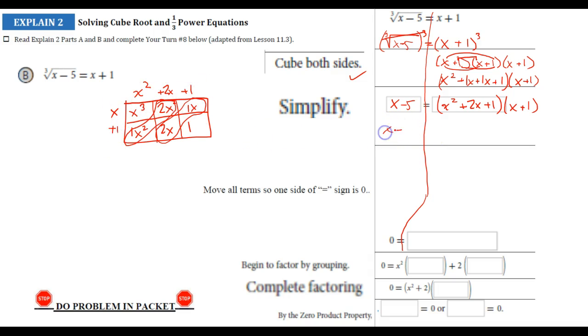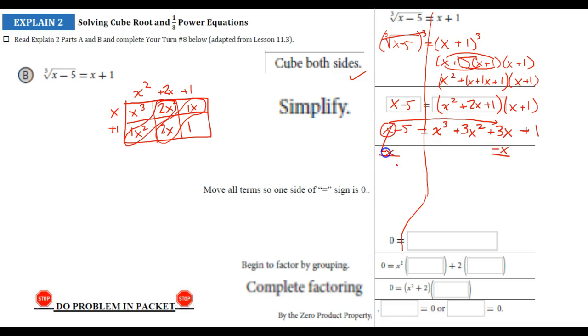That would be on one side the same thing, but this would be x to the 3rd power plus 2 plus 1 is 3x squared, and then 1 plus 2, that'd be 3x, and then 1. The next thing they're going to ask us to do is to move all terms to one side of the equal sign. So we're going to move this x over here. What's the opposite of a positive x? -x.